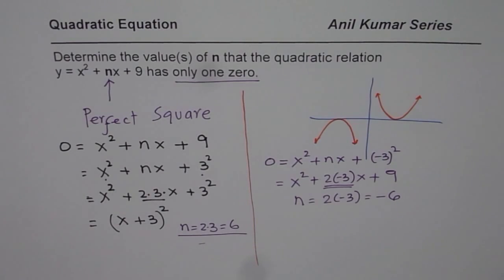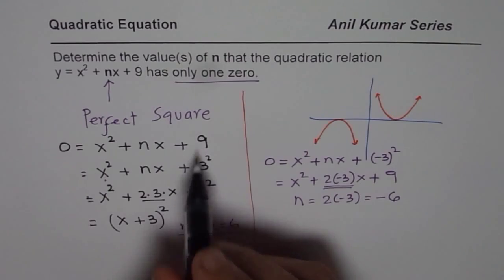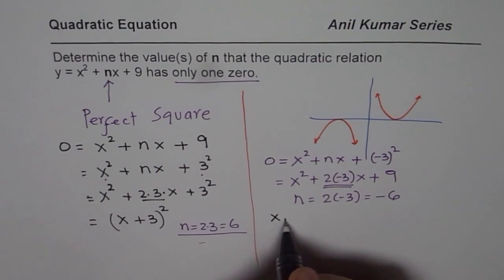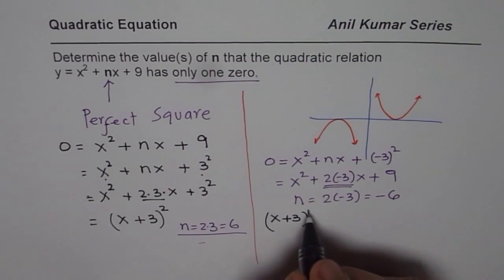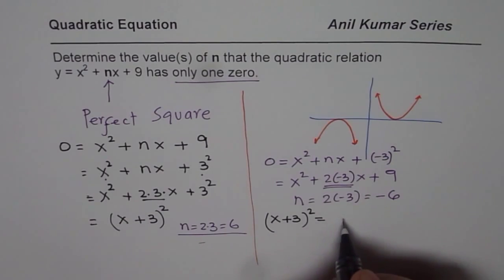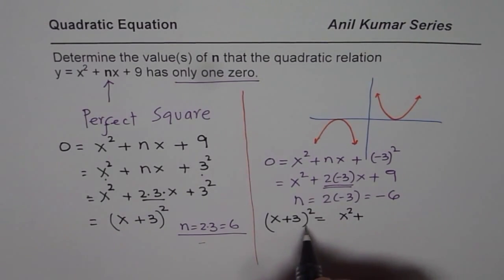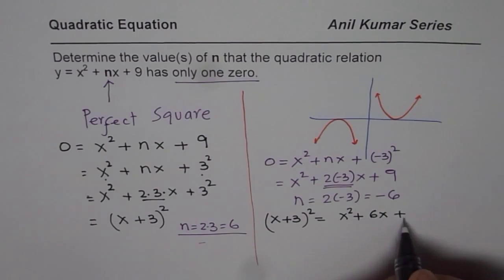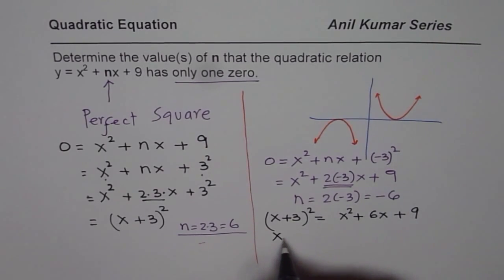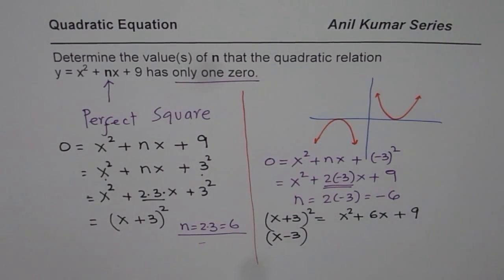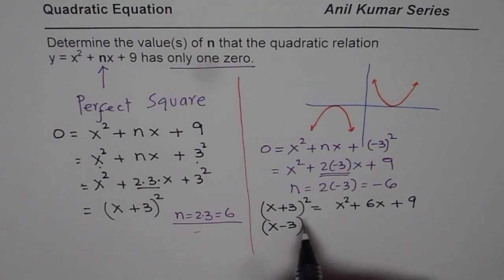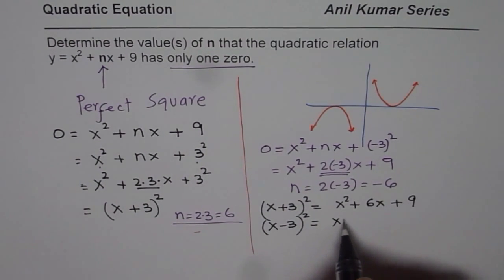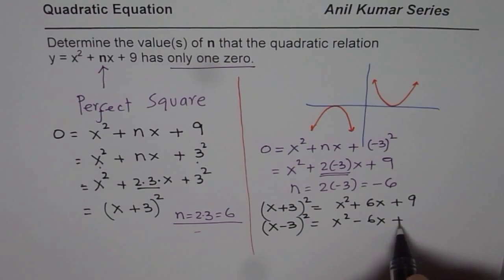Well, an alternate way is that since we need a perfect square, we are looking for x plus 3 whole square, which gives us x square plus 2ab, which is 6x plus 9. And if I do x minus 3 whole square, we get x square minus 6x plus 9.